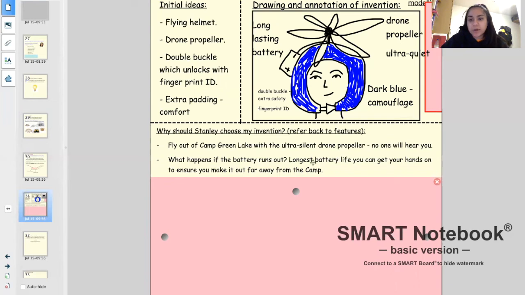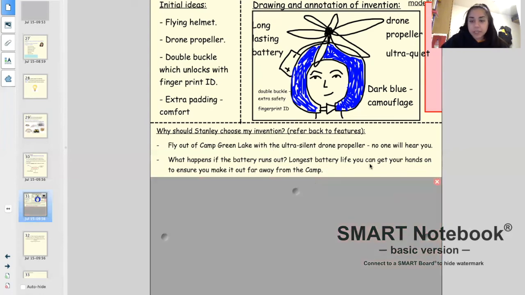I've started off with longest battery life. That doesn't technically make sense, but all you have to write down are some notes, okay? Because part of your main task is to perform your pitch. So these are just bullet points to help me remember what I'm saying, okay?